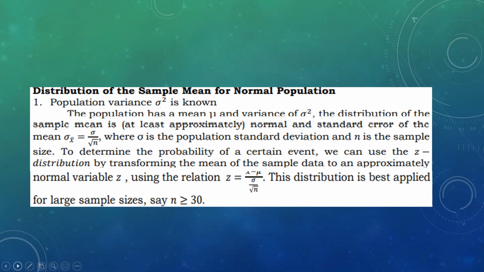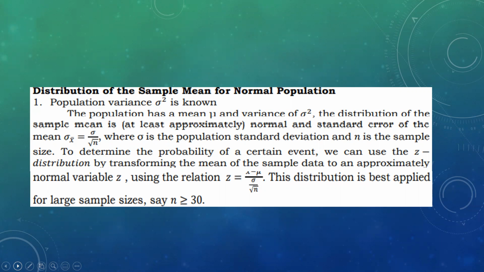Tandaan natin, kapag population na given, katulad kanina, na-compute naman natin yung population variance. Katulad nung kanina, yung 1, 2, 3, 4, 5 na nakukuha niya sa bawat grupo, na-compute naman natin yung variance. Okay po?